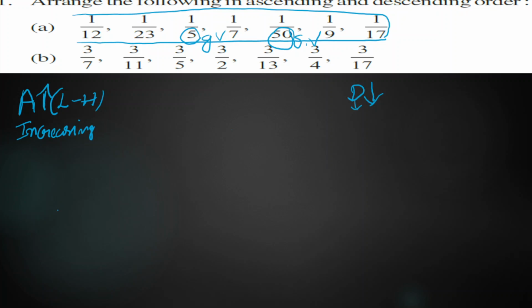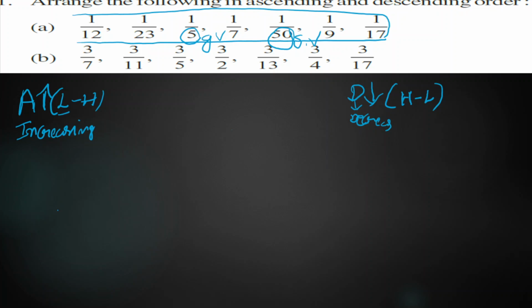D for decreasing. That is, we are getting down from the steps. So, generally we get down from highest to lowest. So, ascending order is nothing but increasing order and descending order is nothing but decreasing order.